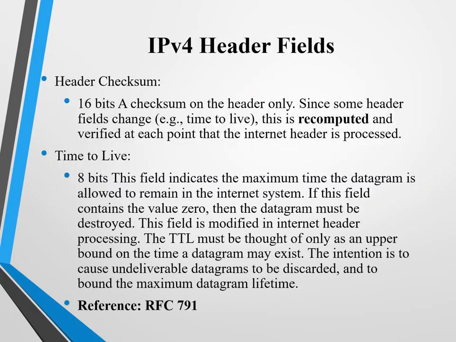Students, we will discuss about an IP version 4 header fields. First, we will know that what is a header checksum, that is of 16 bits. As you know that IP version 4 addresses are written in the dot decimal notation, which comprises of 4 octets. आपके पास 4 octets होते हैं और हर octet जो है that is separated by a dot, and it is expressed individually in decimal and separated by period.